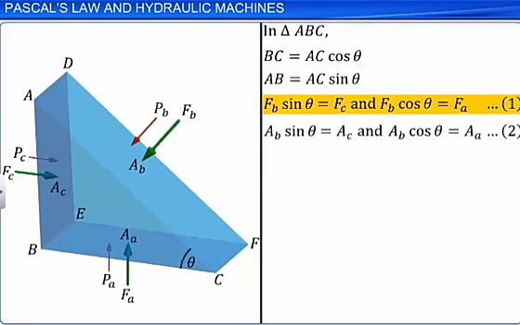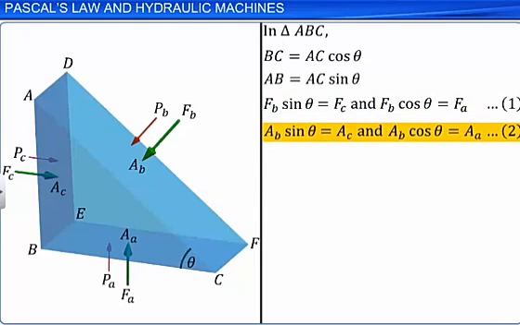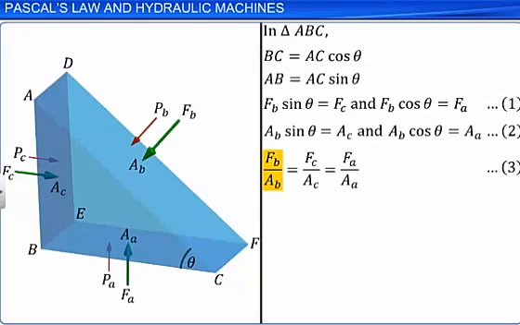Dividing equation 1 by equation 2, we get Fb divided by Ab is equal to Fc divided by Ac, which is equal to Fa divided by Aa. However, the ratio of force to area is equal to pressure. Thus, Pa is equal to Pb, which is equal to Pc.